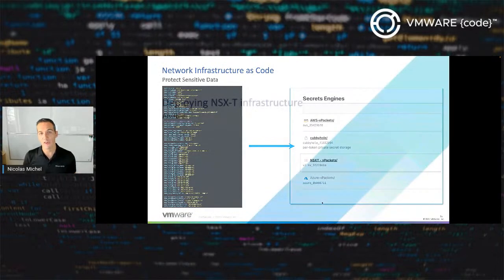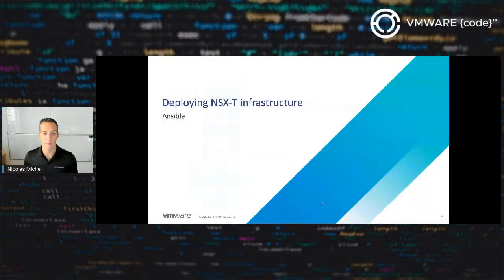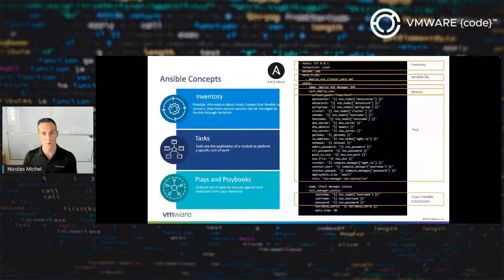So deploying an NSX-T infrastructure with Ansible, I'll show you how to do that. So Ansible, that's a pretty well-known tool in the DevOps industry and in the networking industry. So I will be very fast on this slide.